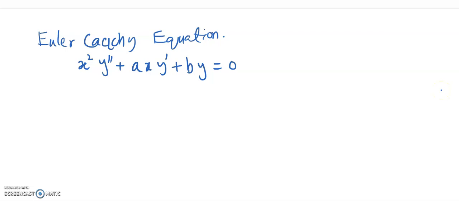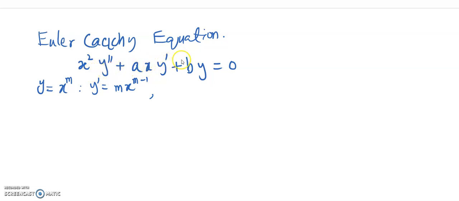So it will be this type of equation. Okay, so now we are considering the Euler-Cauchy equation. This is a special type of equation which has some similar characteristics with the homogeneous higher order equation. So this is one example of the Euler-Cauchy equation for second degree.